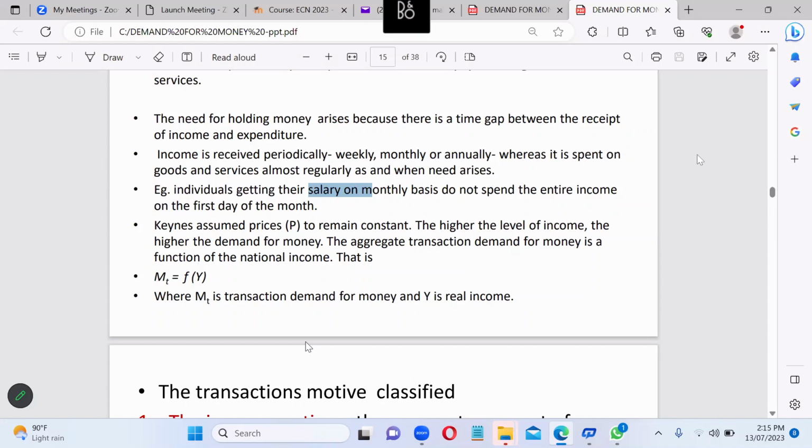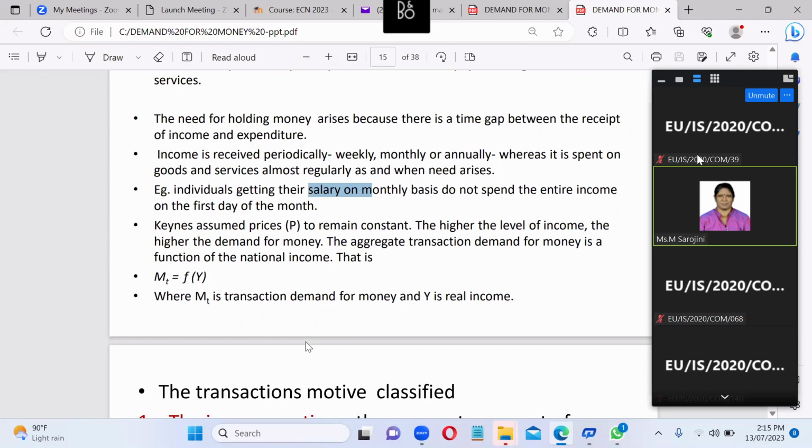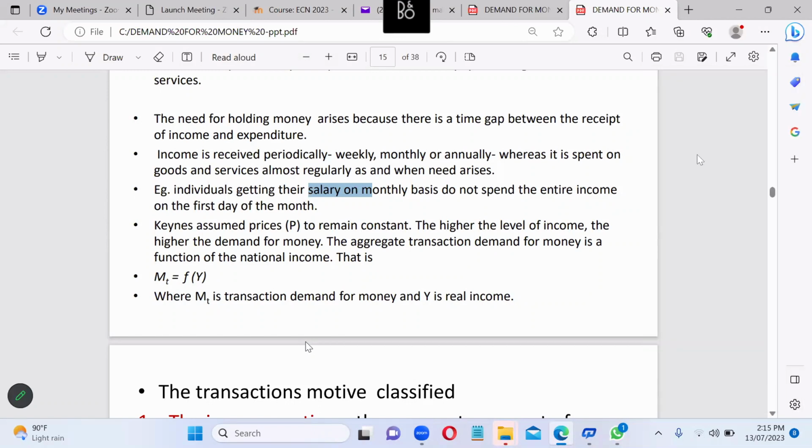With 15,000 you have to spend, or hold money for the transaction process, only 10,000, but with more income you are spending 20,000 for transactions. So the deviation is from 10,000 to 20,000.